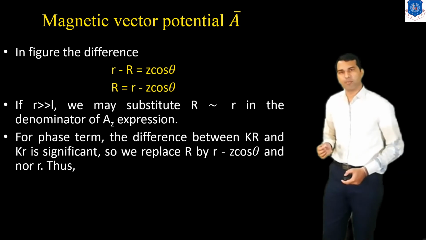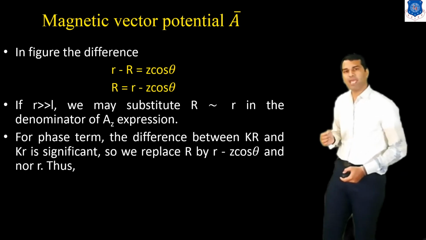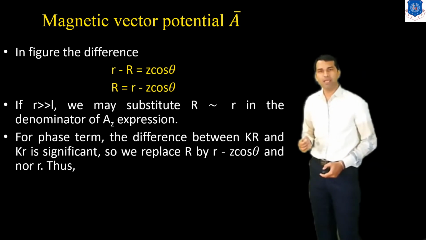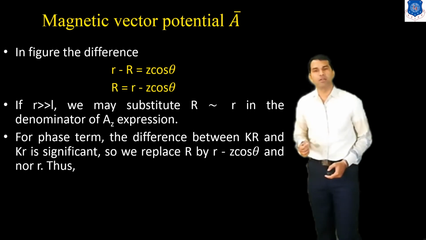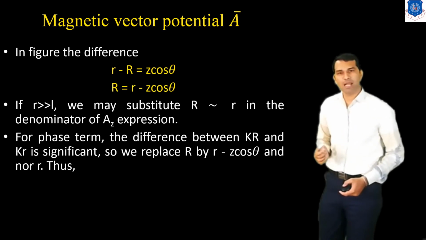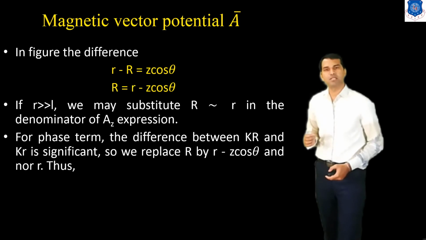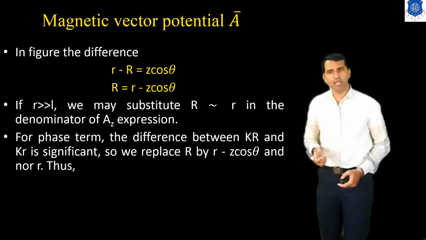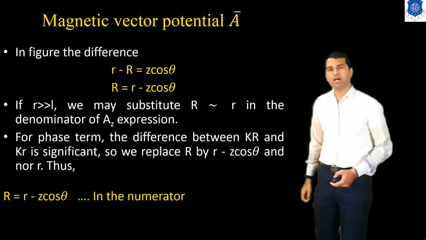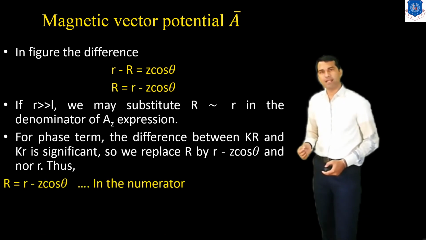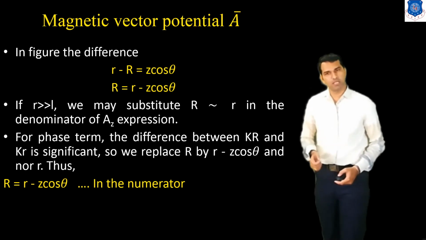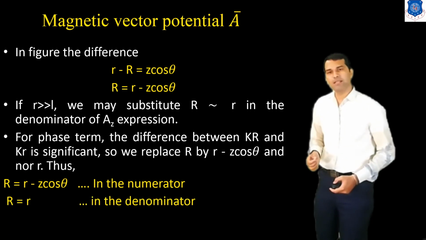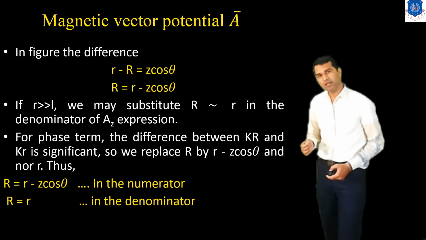For the phase term, the difference between kr and k small r is significant. So we replace it by r minus z cos theta in the numerator, and small r in the denominator term.